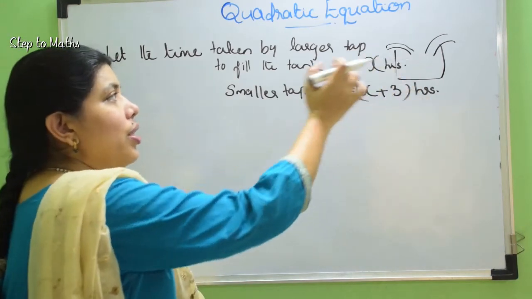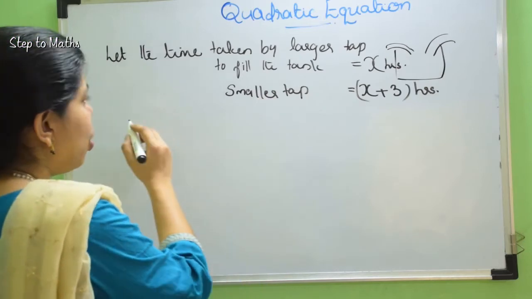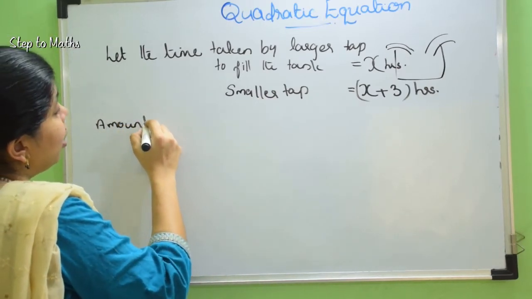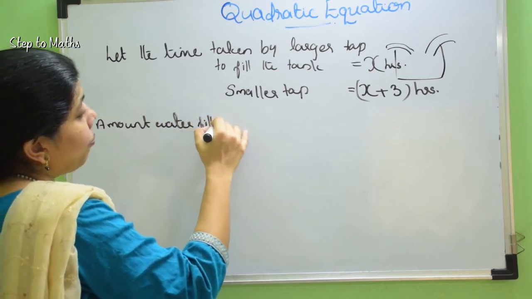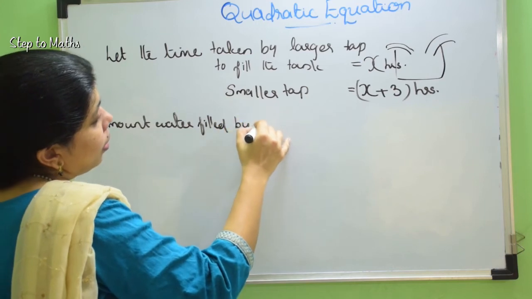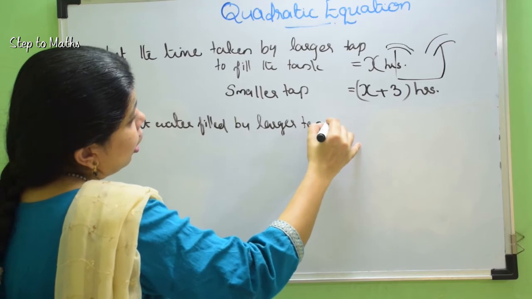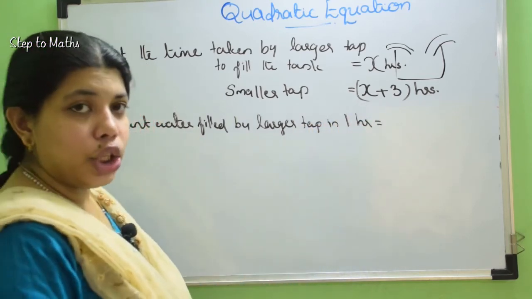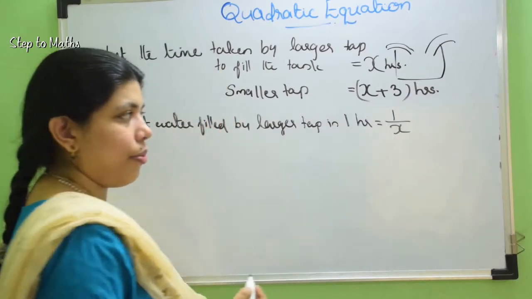In x hours, the larger tap fills the tank. So, the amount of water filled by the larger tap in 1 hour is equal to 1 by x.